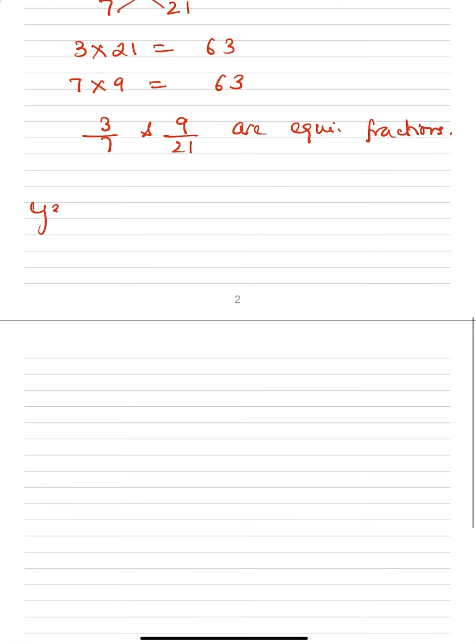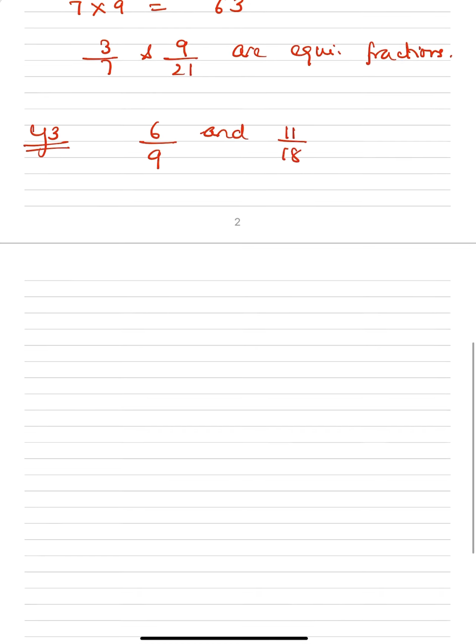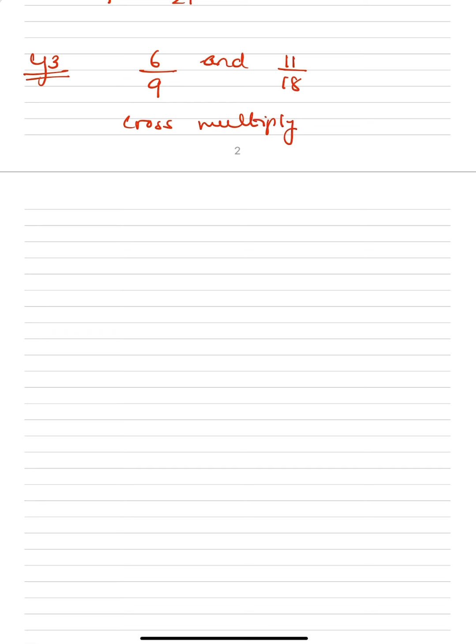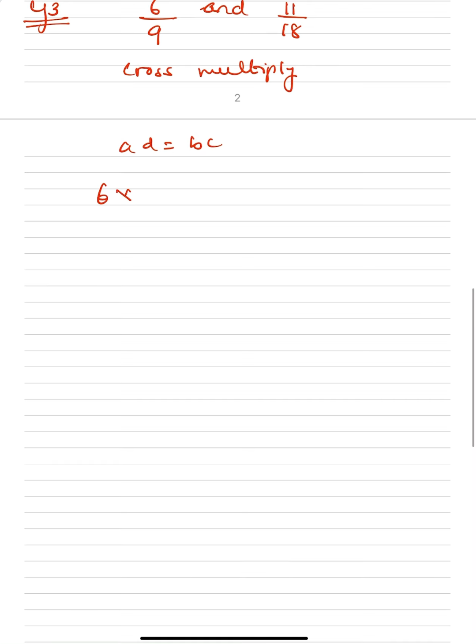Let us take one more example to understand it very clearly: 6 upon 9 and 11 upon 18. Again, we will cross multiply. We need to see whether they satisfy the condition AD is equal to BC. So 6 into 18 should be equal to 11 into 9. 6 into 18 is 108 and this is 99.